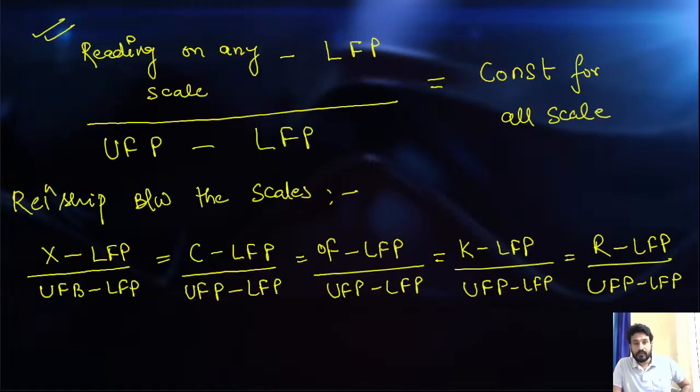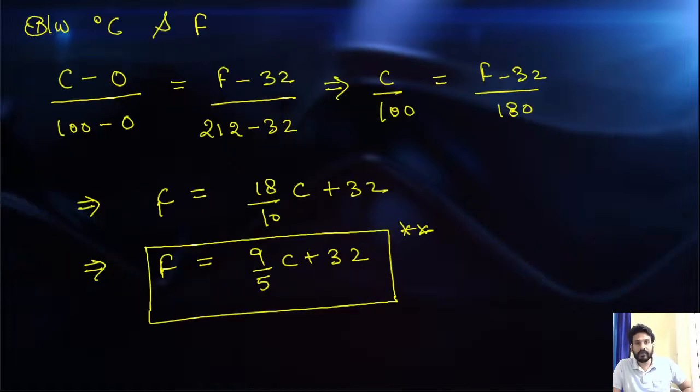The ratio value is constant for all the scales, this is the formula, and I told you that this is a simple formula, also very important. You can convert any scale into another, or you can solve any faulty thermometer problem based on that, right? So you should remember this formula, right?